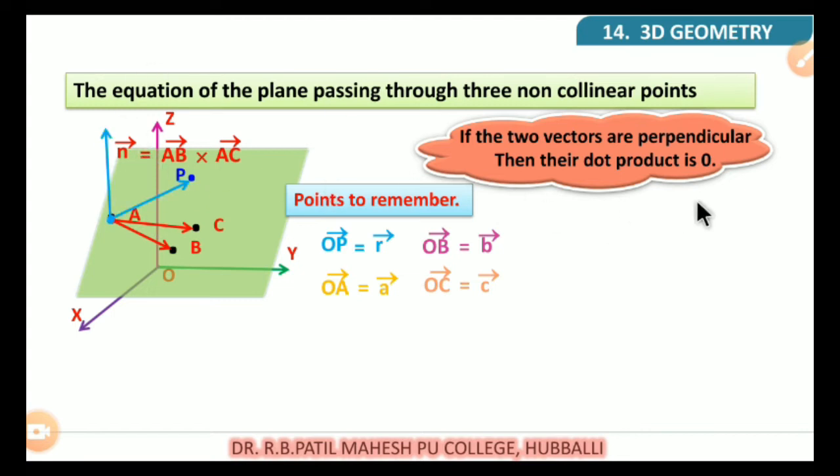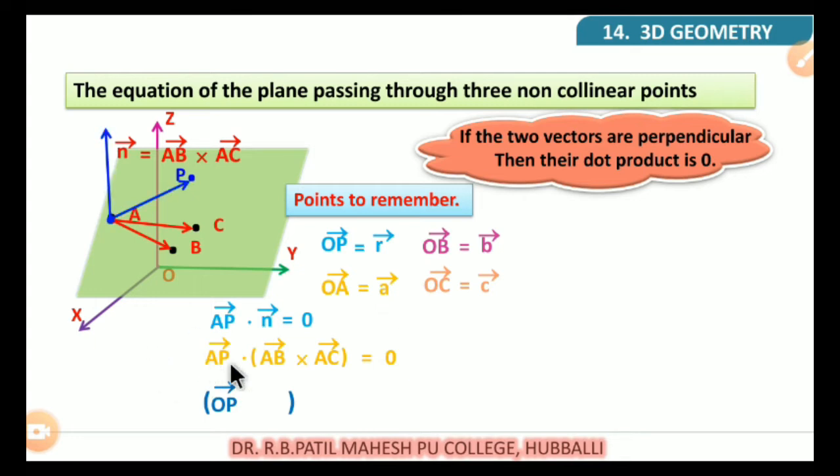Therefore I am going to take the two vectors AP and n vector as perpendicular, then definitely their dot product is 0. Now we can take AP vector dot n vector is equal to 0. Therefore AP vector dot AB vector cross AC vector is equal to 0.